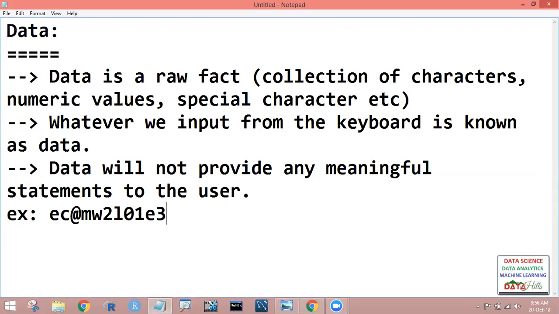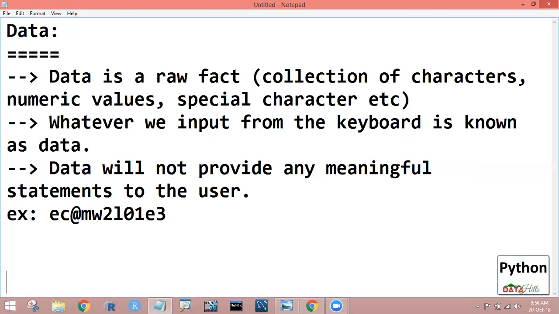It contains characters, the special symbol at the rate, and numerical values. If you try to read this, it is not giving any meaningful statement. Even I am not understanding it. This is called data.